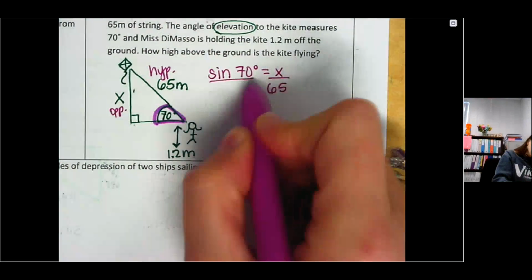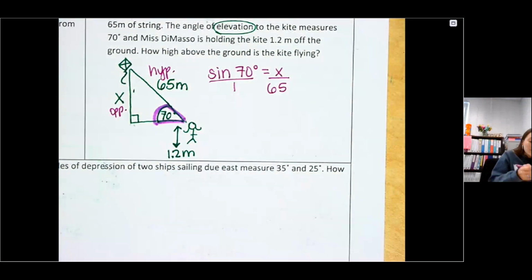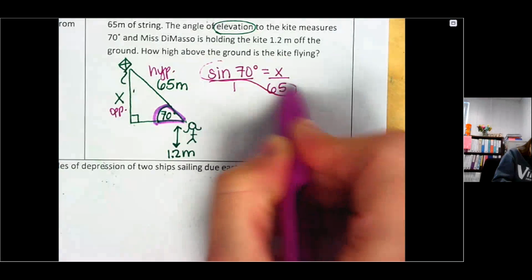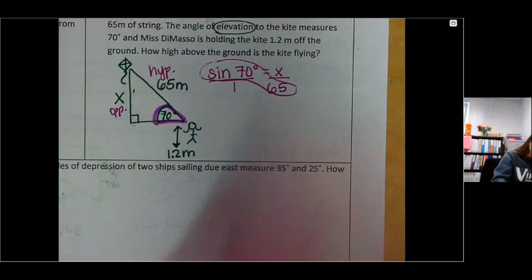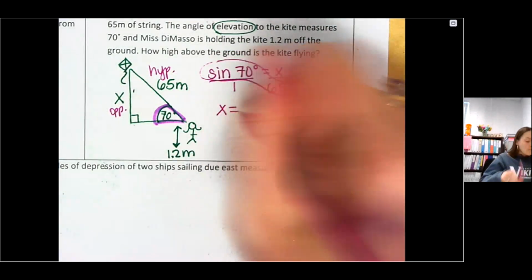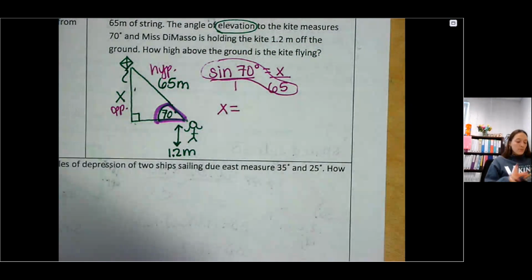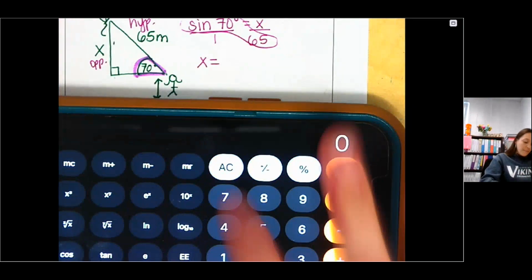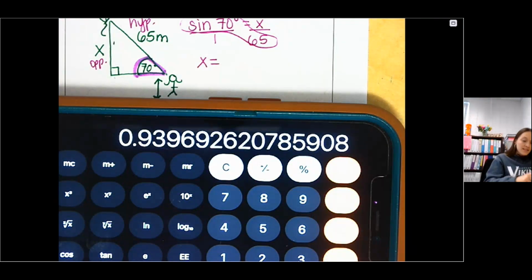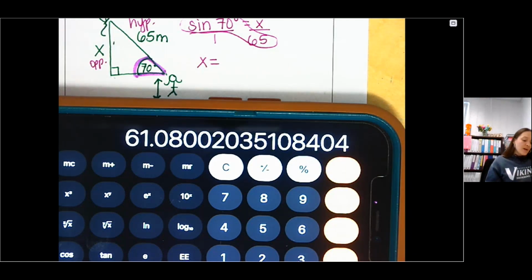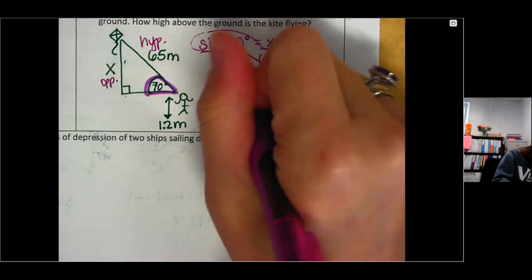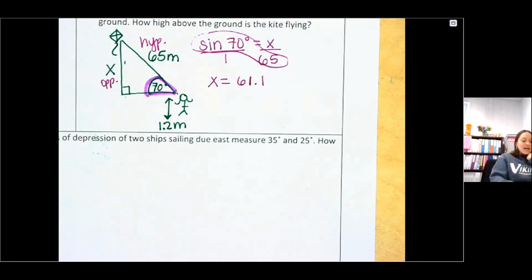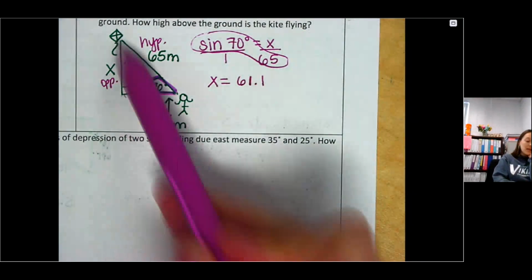Because X is at the top, when I cross multiply, all I have to do is multiply sine of 70 times 65, and that's going to give me my answer for X. We put it in our calculators by doing sine 70 and then times 65. We get 61.1. Now that's the height from where I'm holding it up to the top of the kite.